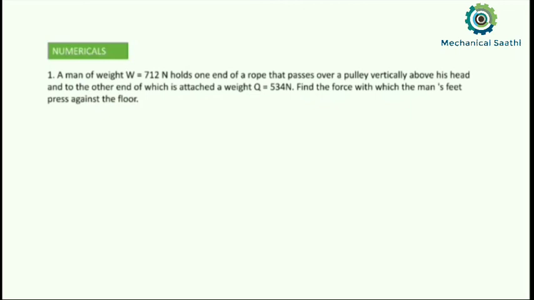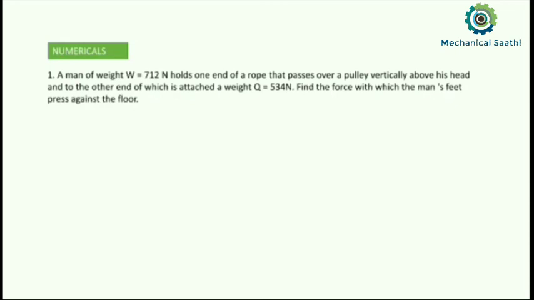So basically there is a man of weight 712 Newton holding a rope over his head, and that rope is attached to a weight of 534 Newton and passes over a pulley. We need to find the force exerted by the feet against the floor.